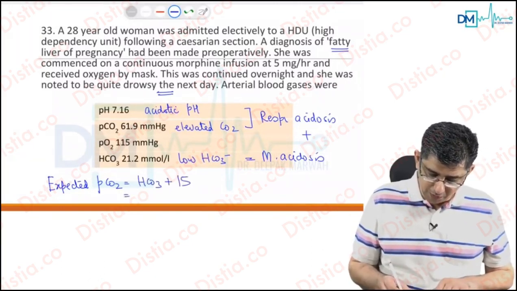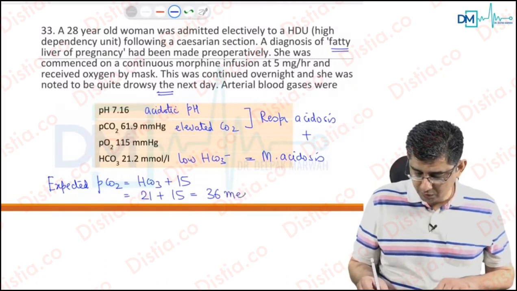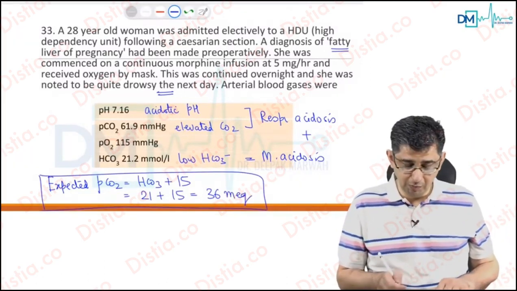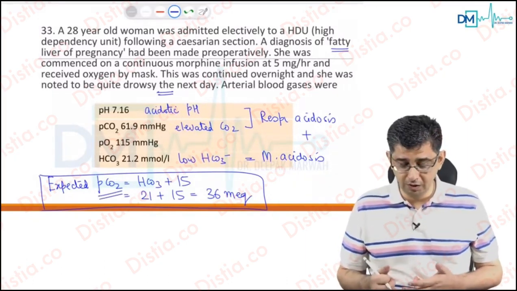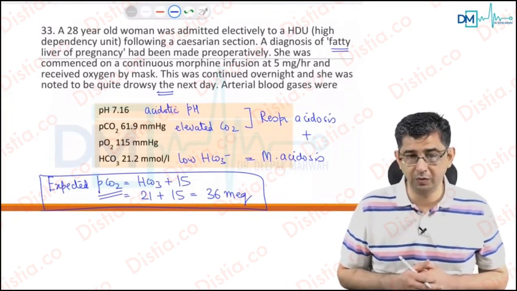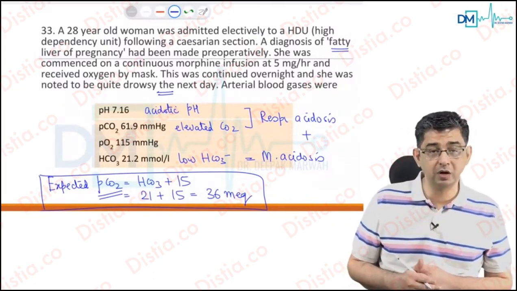If I put in the value of bicarbonate for this patient, mathematically speaking, in round figures it should be 36, but you can see that the mathematical rule is not getting satisfied. The expected PCO2 of the patient should be 36, but in this patient this rule is definitely not satisfied. So we will say that the compensation process is not occurring in this patient. This is an example of a mixed disorder.